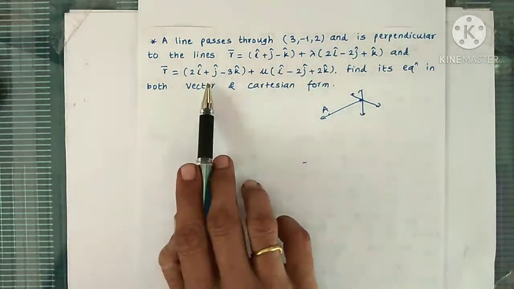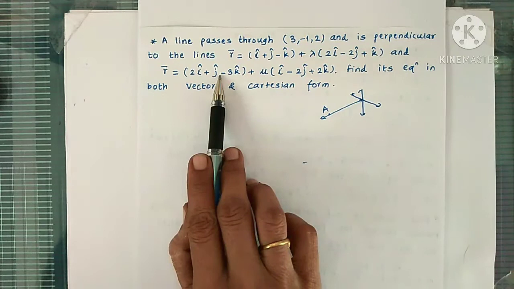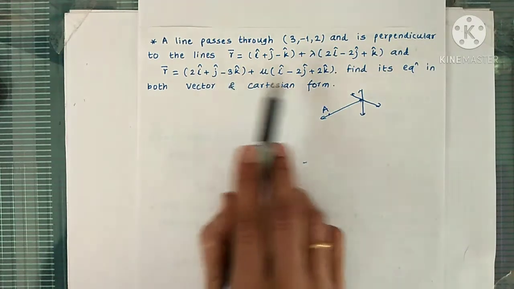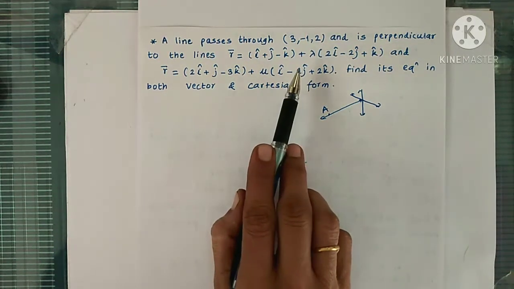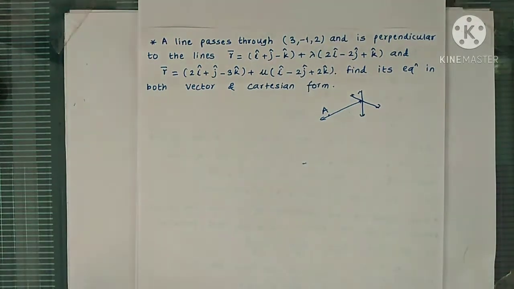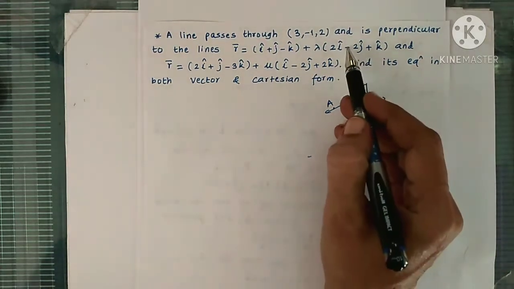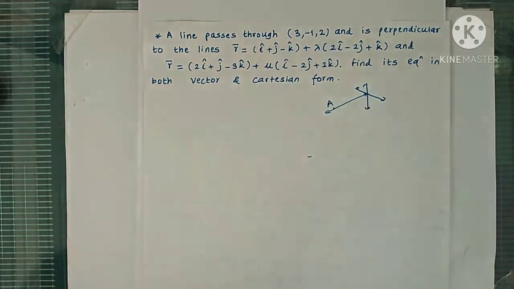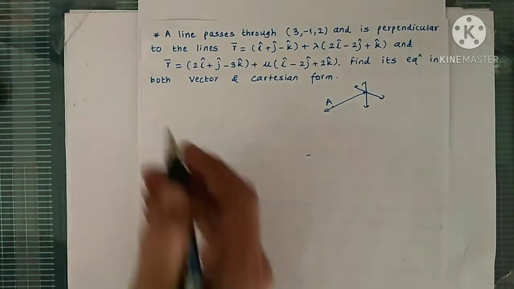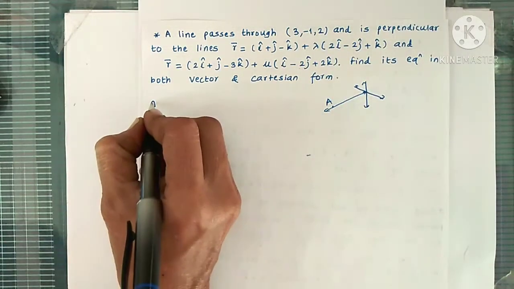Similarly, the required line is perpendicular to this line, and this line is parallel to this vector. So the required line is perpendicular to this vector as well. So let's write those vectors as b1 bar and b2 bar. So let's write first of all point A.